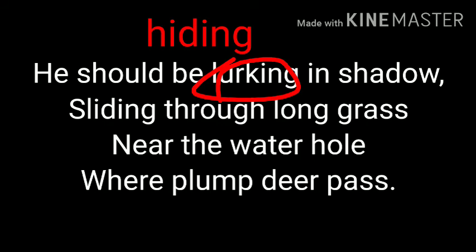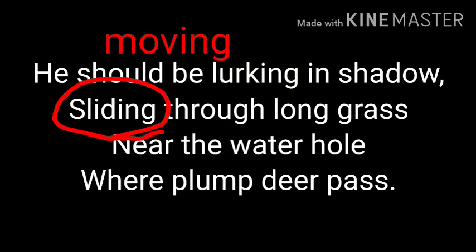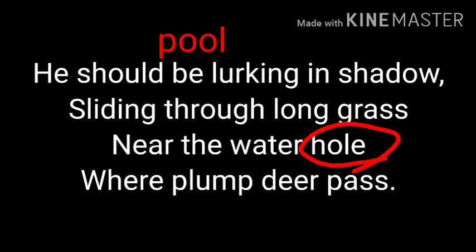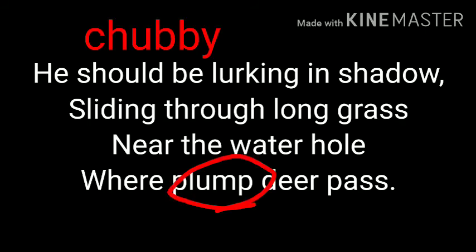At the same time, sliding through long grass. Sliding means moving through long grass near the water hole. Hole means pool. So near the water pool there is long grass, and in the long grass it will move towards the deer, towards the chubby deer.